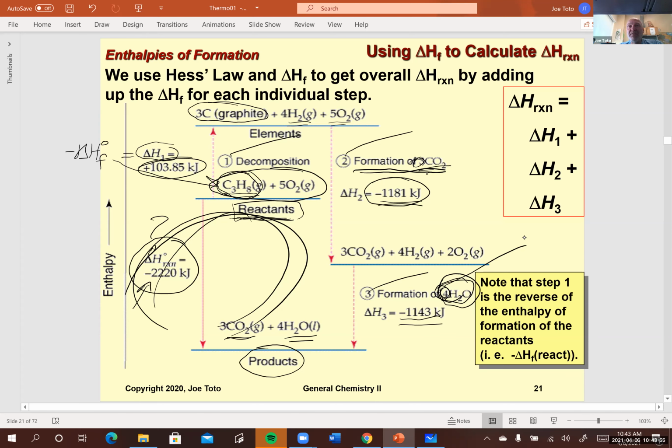And that same reference is the elements under standard conditions in the way that they already exist. And you define their delta H of formation as 0. So you're just defining that as your reference point and then going from there. Any questions or comments?